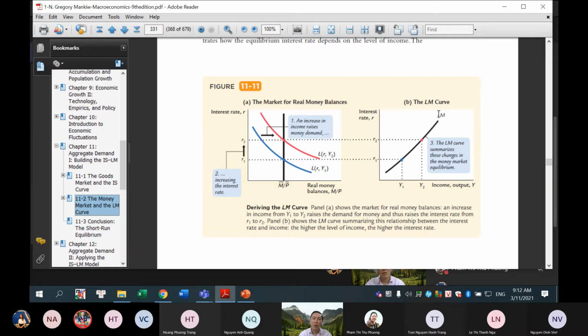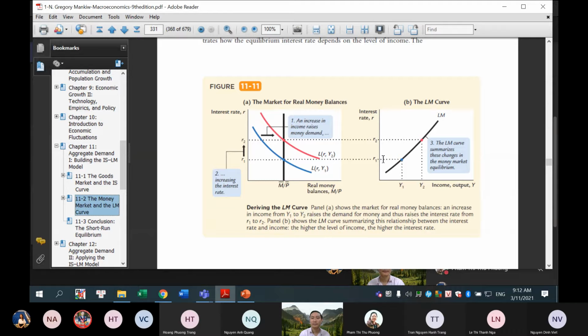So when liquidity or money demand equals M, where M stands for money supply, then the money market is in equilibrium. And the LM curve slopes upward like this. It means that when the income is low, the money demand is low, and the interest rate is also low.